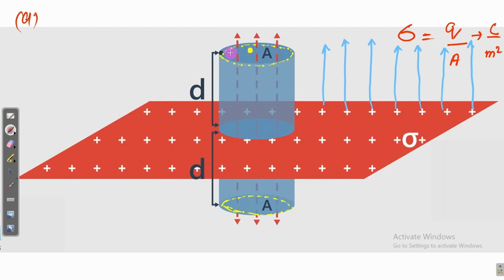We select the area, and if we connect these two areas, a rod-like shape is formed around this point, and this rod-like shape above and below this sheet is called the Gaussian surface.